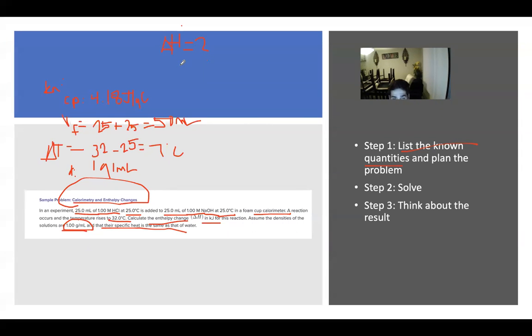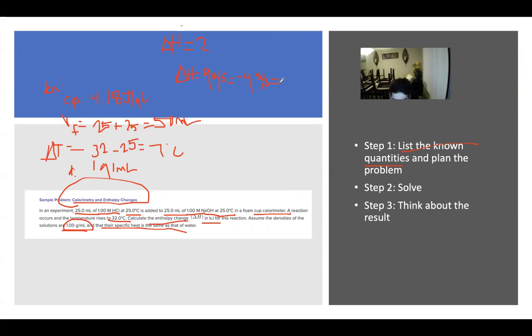So here's the deal. You probably haven't seen this equation. Delta H equals Q system, and that's just telling you endothermic. Exothermic equals negative Q system, which just tells you that heat is released.